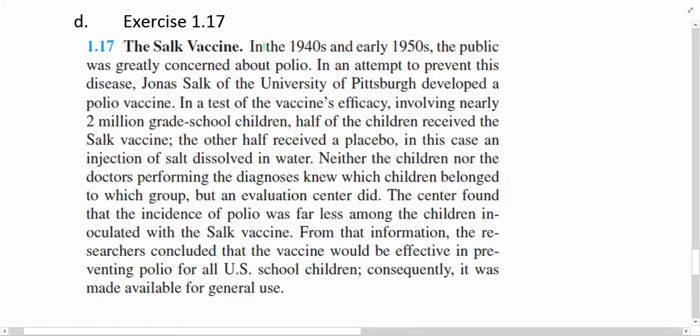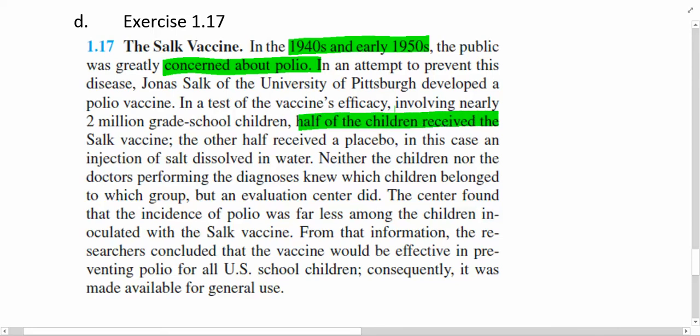In this exercise, we are reminded that in the 1940s and 50s, the public was concerned about polio. So in an attempt to prevent this disease, a scientist developed a polio vaccine. In a test of the vaccine's efficacy, or its effectiveness, we looked at providing children with the vaccine.